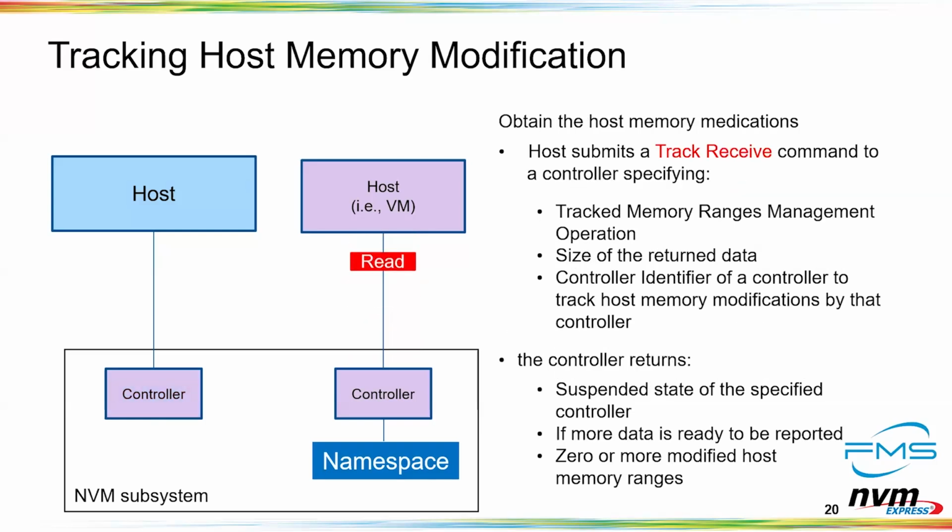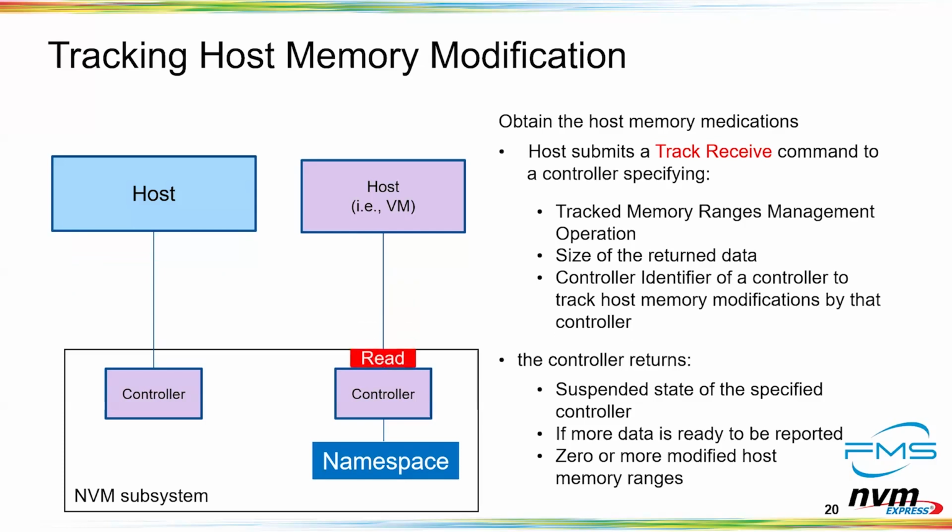And then I can use the track receive command to have you identify which of those host memory ranges have been modified. So the new track receive command will identify the controller where we're doing the tracking. The track receive command will be sent down to the controller that's monitoring everything, and memory ranges would be sent back to the host.